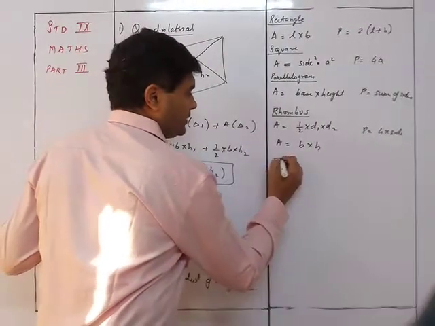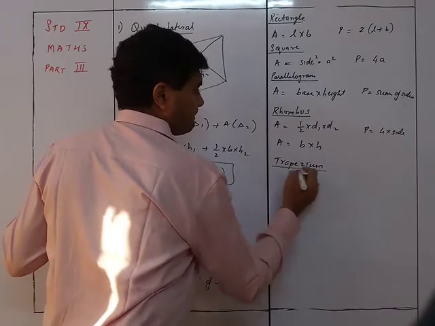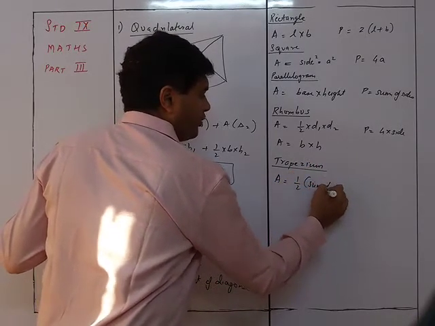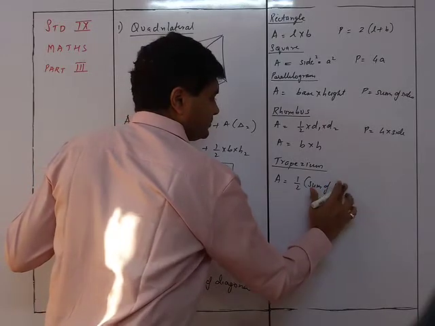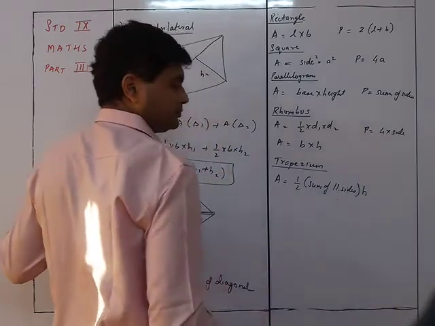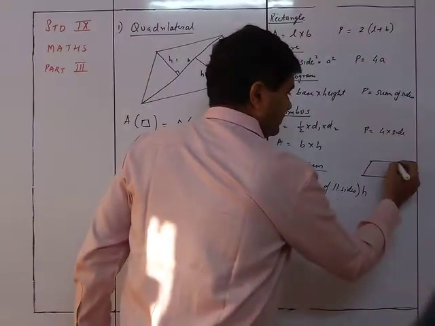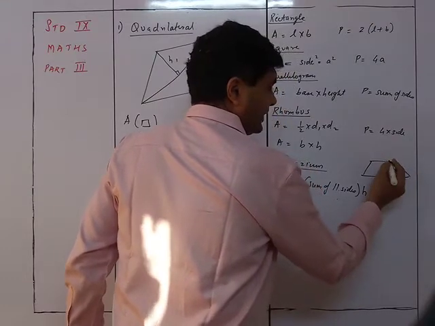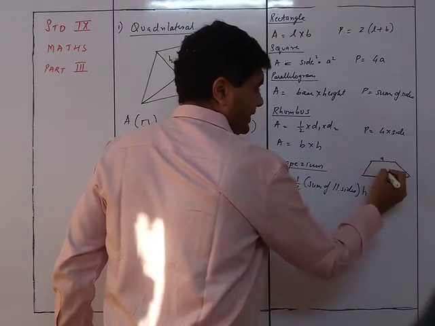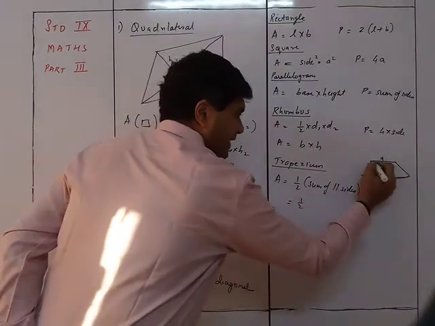Then we move into trapezium. So trapezium area is equal to half into sum of parallel sides into height. What is that? So if this is the trapezium with parallel sides, then this side is A and this is B. So this is A plus B, and this is H over here.